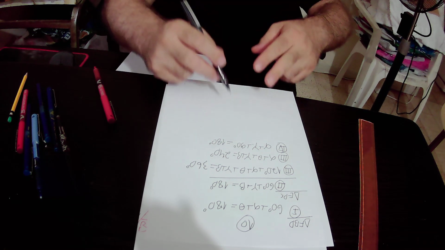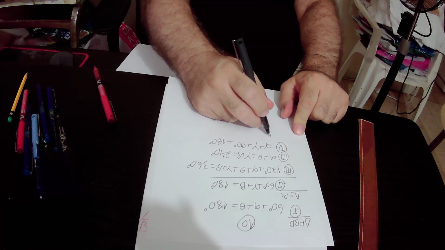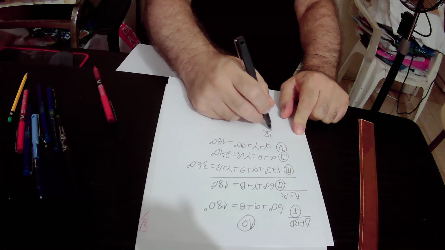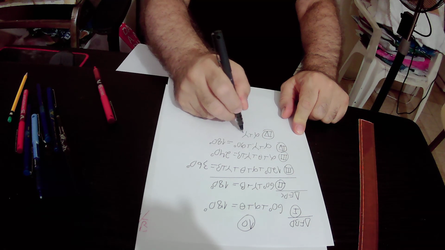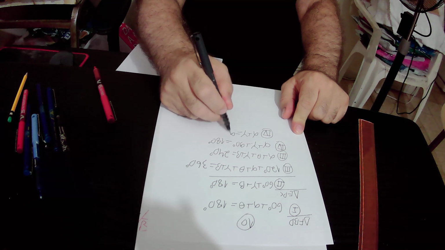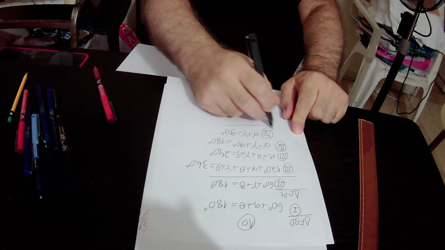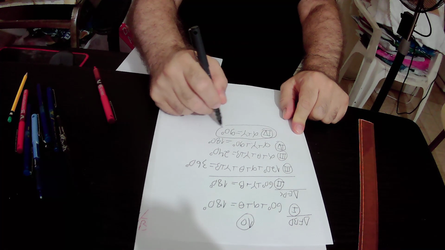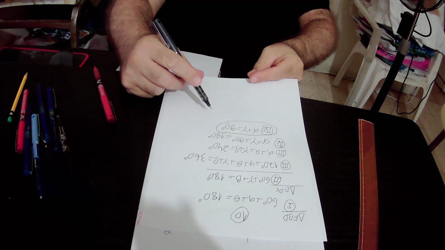Actually, we can subtract 90 degrees from the fourth equation, and we will get that alpha plus gamma equals 90 degrees. So equation number 4 states that alpha plus gamma equals 90 degrees.